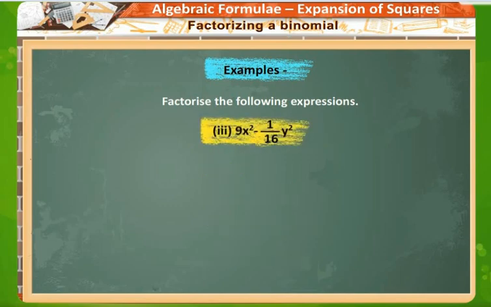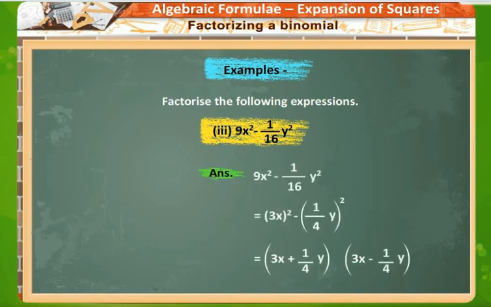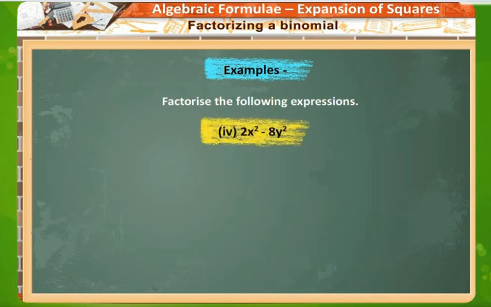Now 9x square minus 1 upon 16y square. Again when you look at the question, just immediately try to find the square root of it. Now 9x square can be written as 3x square and 1 upon 16y square, that is 1 upon 4y square. So now it can be written as 3x plus 1 upon 4y, 3x minus 1 upon 4y.